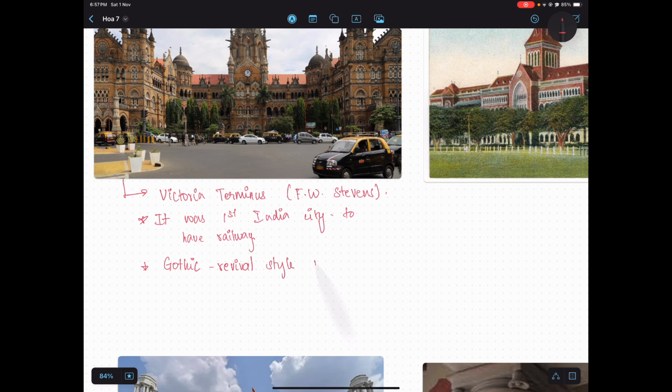More than Indo-Saracenic, most of the structures in Bombay, except a few, had Gothic revival style in them, or Victorian, or sometimes even Venetian Gothic.